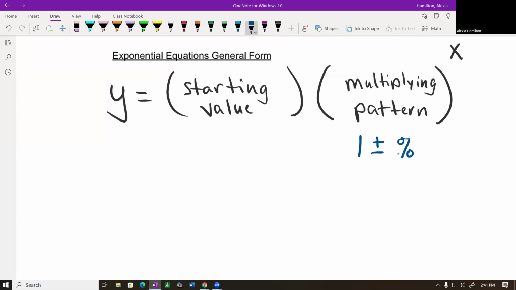So you'll be told that you might have a growth. If the numbers need to be getting bigger, if your population is increasing, then it's growing. And that would mean that you would take your percent given to you and add it. But of course, we don't do math with percents. It's just not mathematical. We have to take that percent and turn it into a decimal.